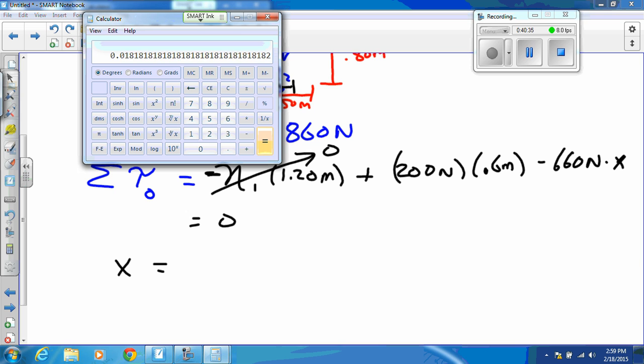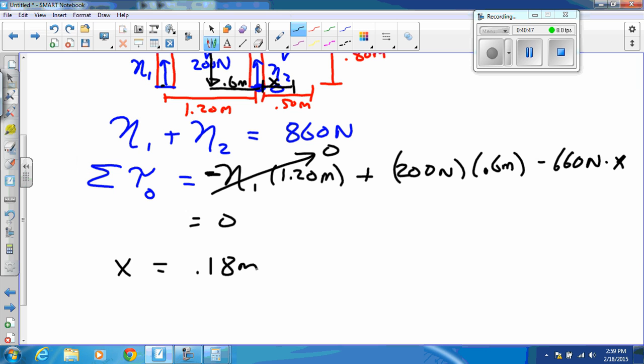We're all having trouble. Is it 120 over 6? Yeah, 0.18 meters. And so we go, hey, 0.18 meters, we're done. We look in the back of the book. Back of the book says 0.32.